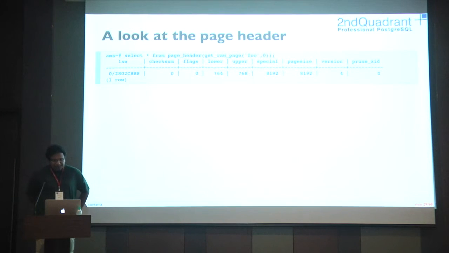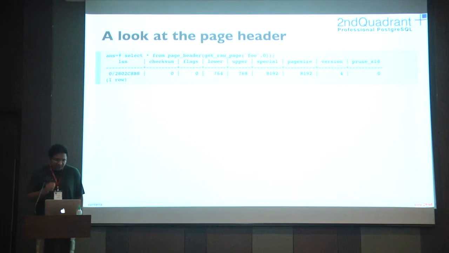So now we look at what's actually on one of the pages. In this case, page 0, which is the first page in the relation. To do this, I'm using a contrib module called pageinspect, which is really useful to poke around things like this. Essentially I'm calling get_raw_page on the table, I specify a page number, which is 0 in this case, and then ask for a description of the header field on that page, which is the blue blob at the start that I said contained metadata.